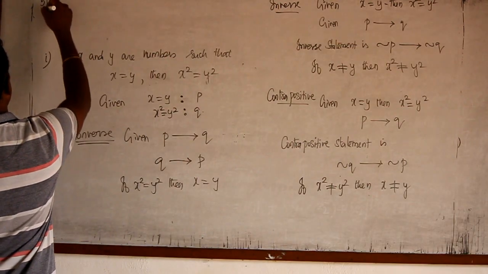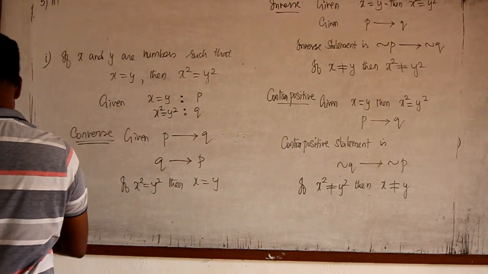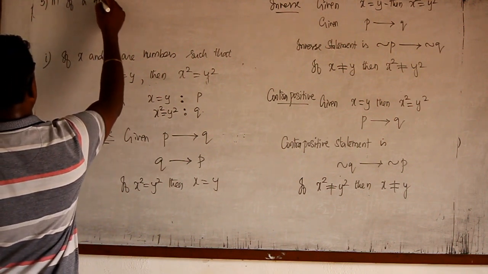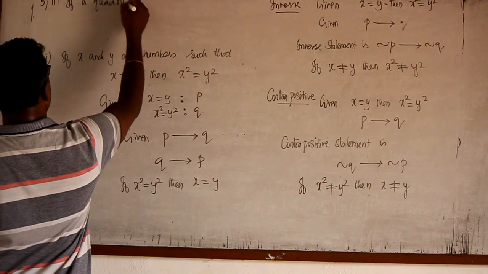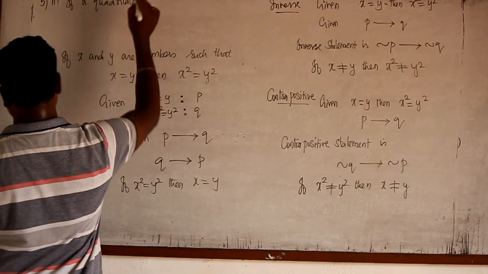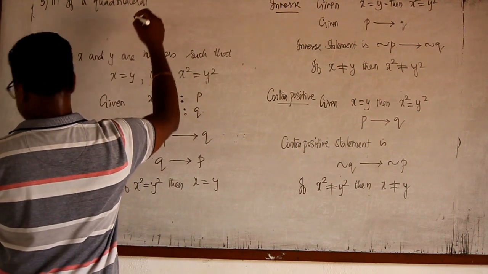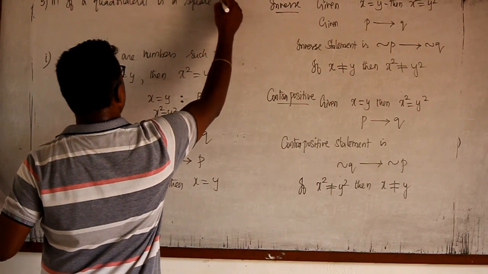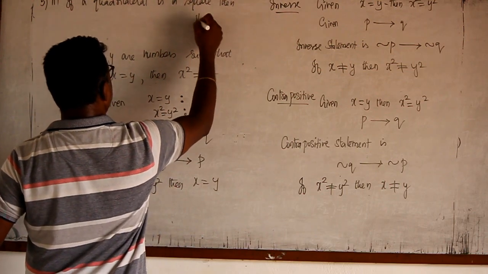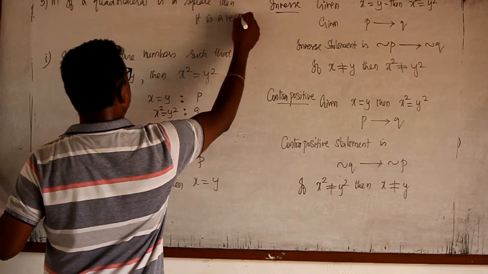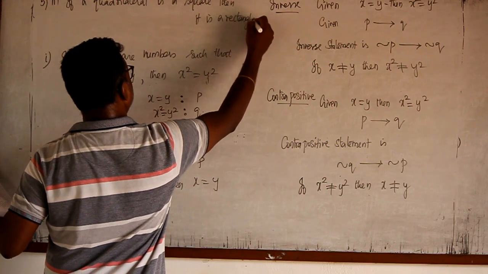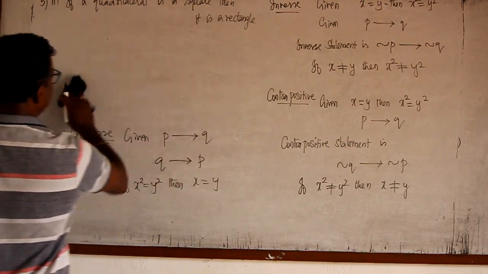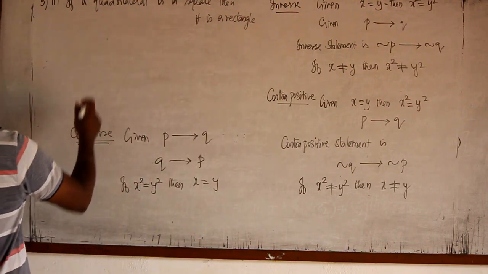Under 5: if a quadrilateral is a square, then it is a rectangle. So square is the P term and rectangle is the Q term.